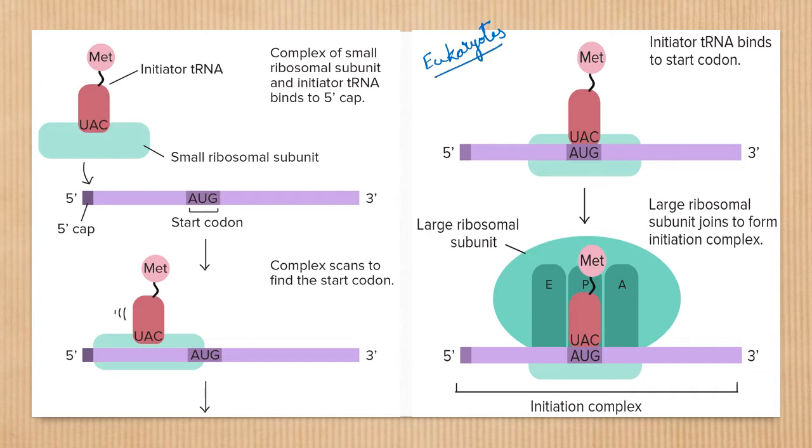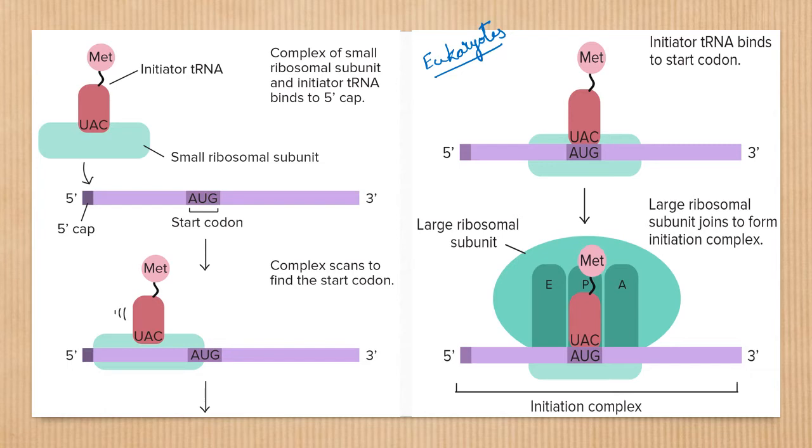It is a methionine tRNA and it matches with the start codon, and a smaller ribosomal subunit also joins to this codon. Now the initiator codon joins with that methionine, and later immediately the larger subunit.